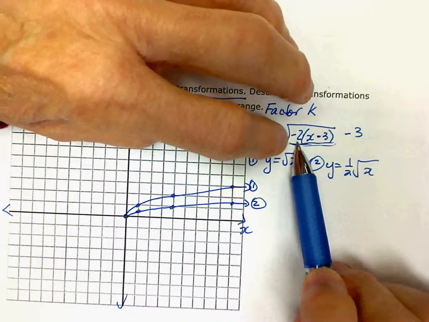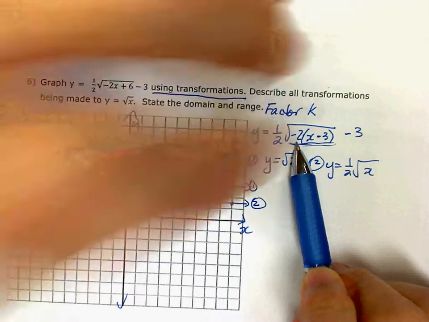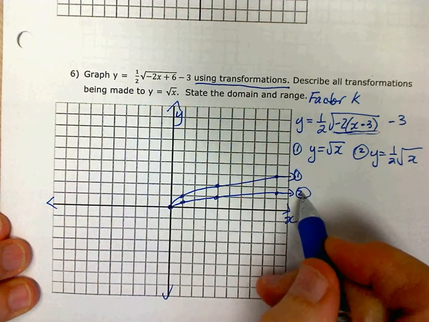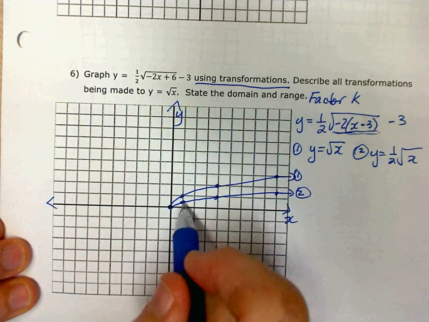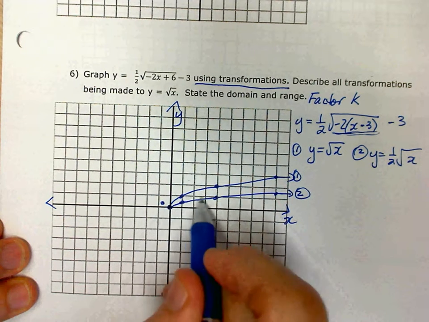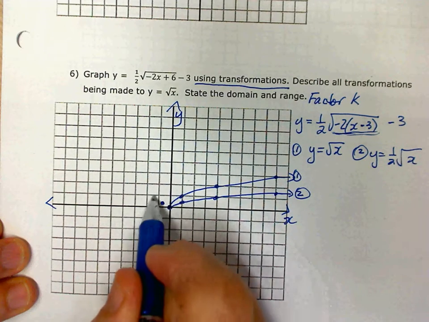So every x value will be multiplied by negative a half. So let's take a look at this. Working with graph number 2, the last graph you drew, 1 times a negative half is negative 1/2. 4 times a negative half is negative 2.